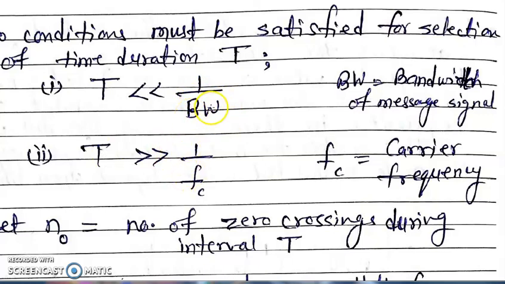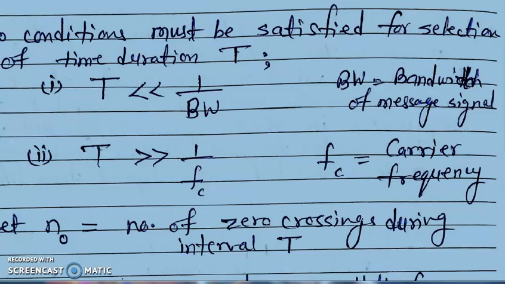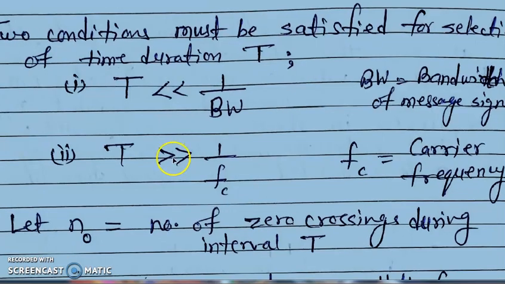And since the time period of the message signal is greater than the time period of the carrier signal, this time duration should be far greater than the time period of the carrier signal.